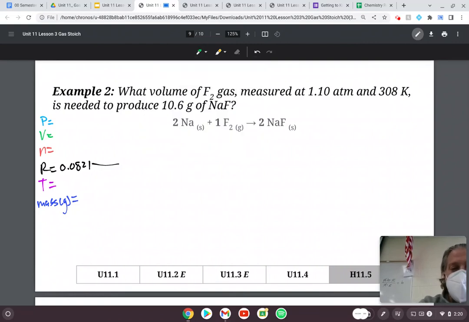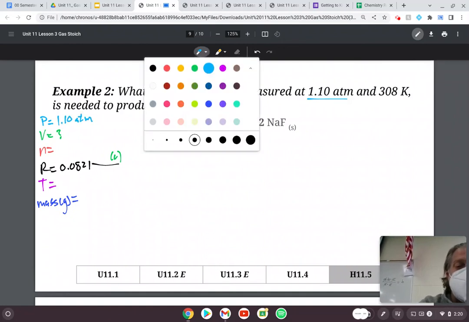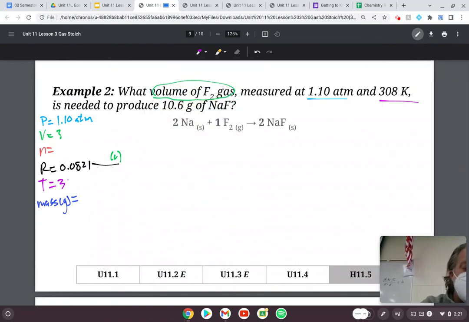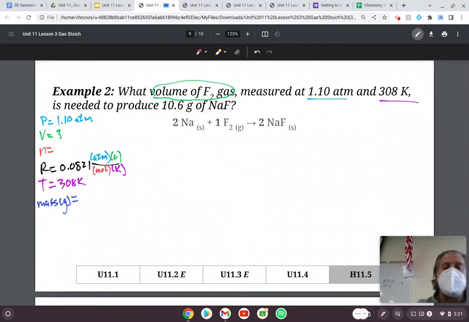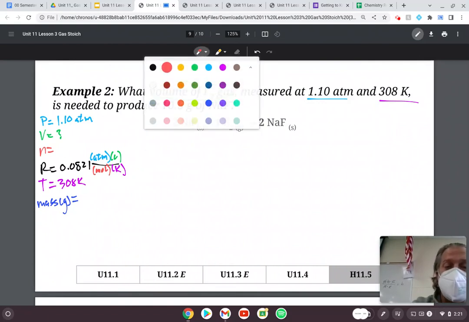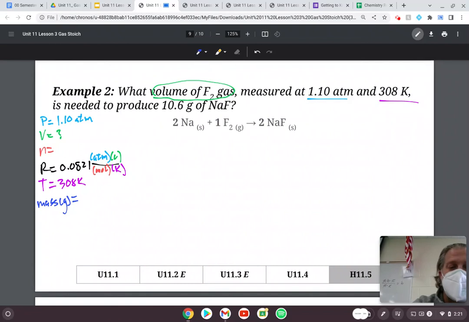So the problem says, what is the volume of F2 gas? So we're going to be solving for volume. That's measured at 1.10 atm and has a temperature of 308 K, and that's needed to produce the 10.6 grams of NaF.